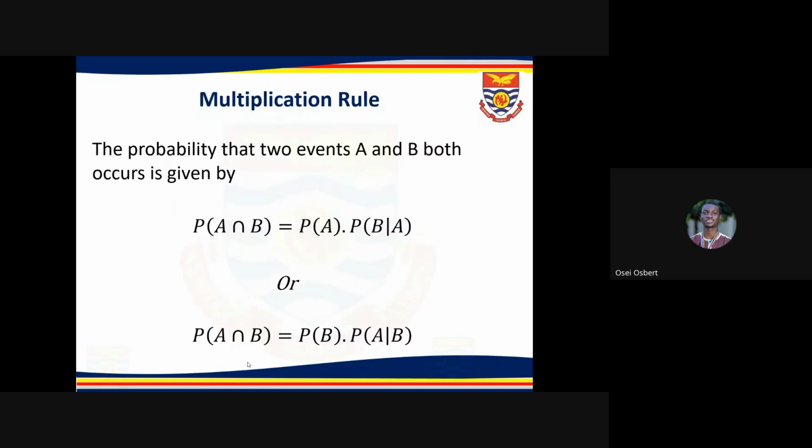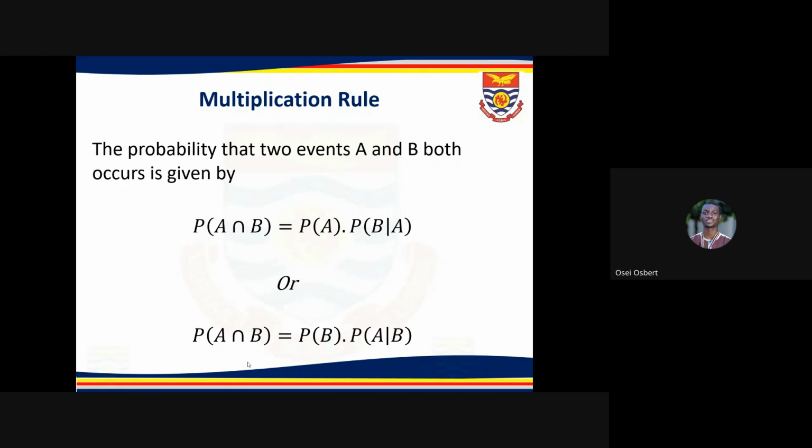We want to move on to the multiplication rule. The multiplication rule is that the probability that 2 events, A and B, both occur is given by: probability of A intersection B is equal to probability of A times the probability of B given A has already occurred.